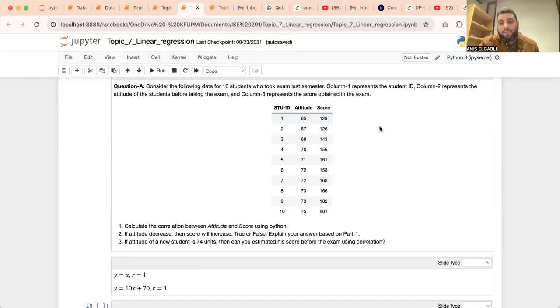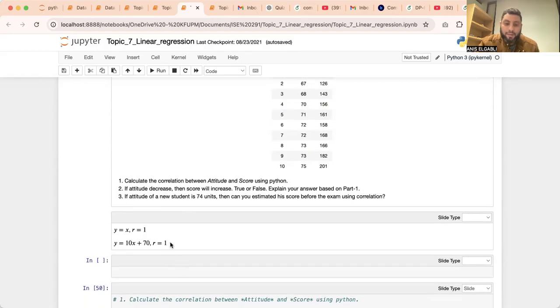Let's say X is your input and Y is your target variable. If when X increases, Y increases, then the direction is positive, there's positive correlation. If X increases, Y decreases, then there is a negative correlation. So correlation can tell you only these things, okay?